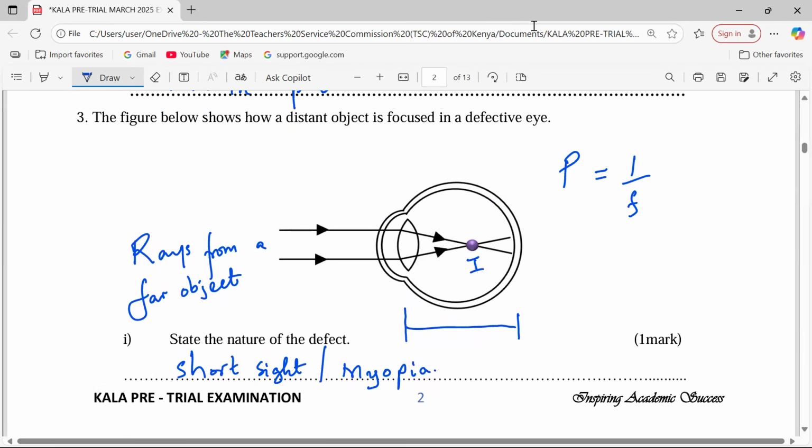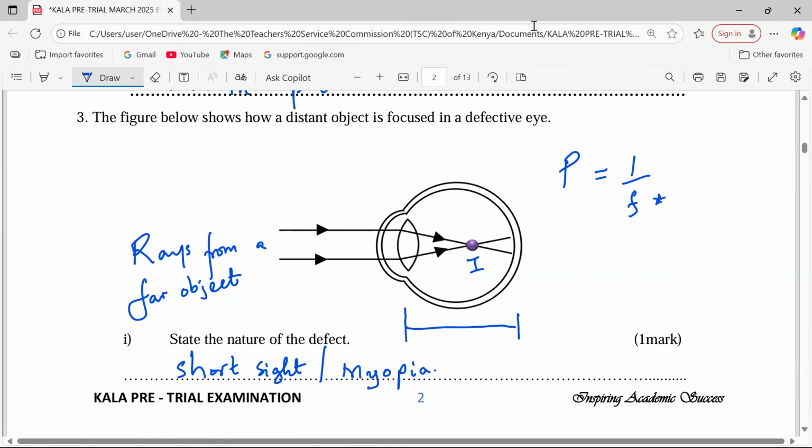So this person may have a short focal length that leads to a very high power of the lens. When the lens is powerful, we say that it has a great refractive ability. It refracts light so much, so it is bending the light too much.